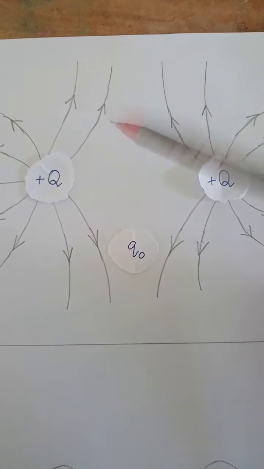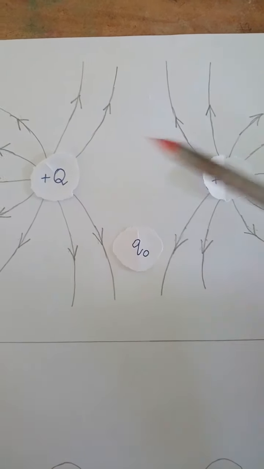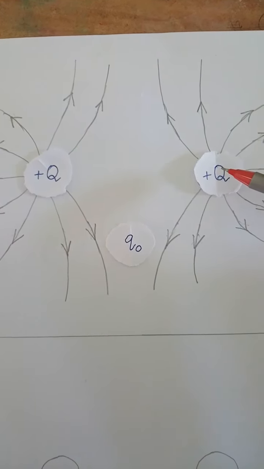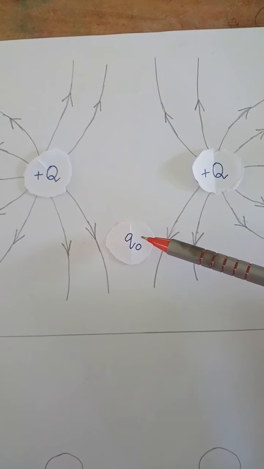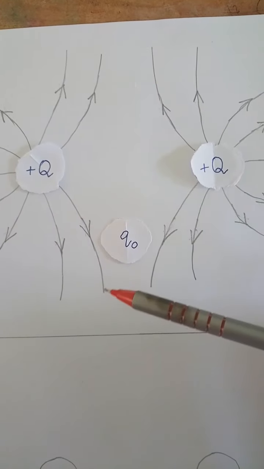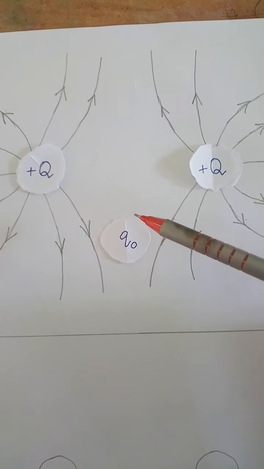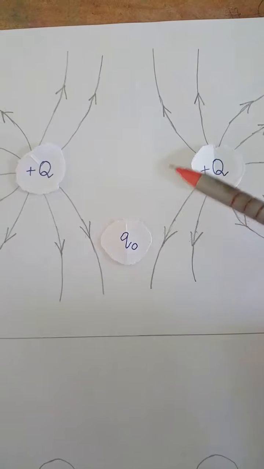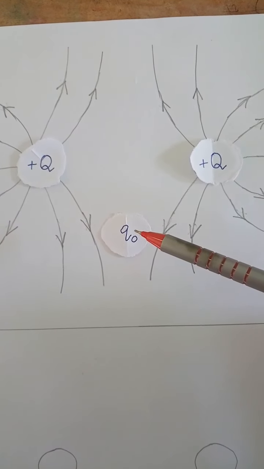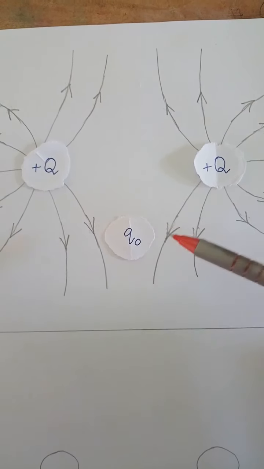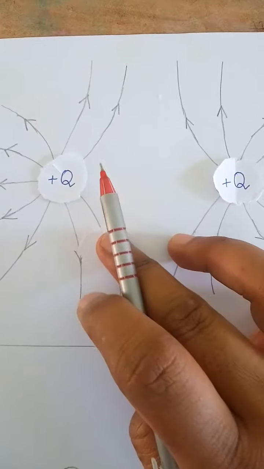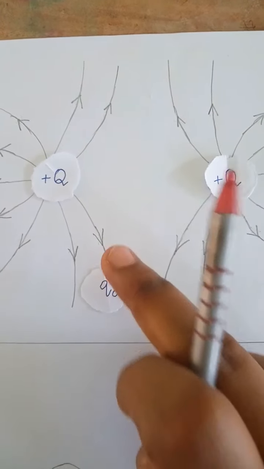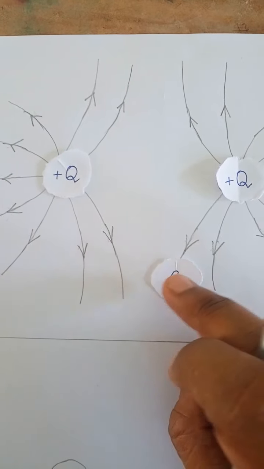Similarly, if the pair of charges are positive and of equal magnitude, then the test charge will feel repulsion, and if it is near the middle of these two charges, then it will get repelled by both the charges. If it lies somewhere over here, then it will feel repulsion, or if it lies over here, then it will feel repulsion.